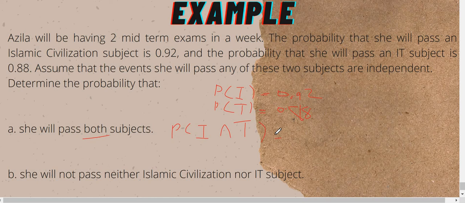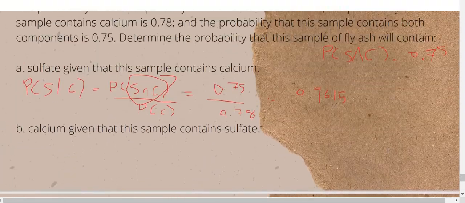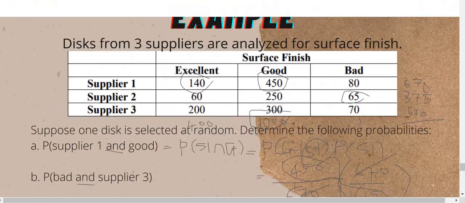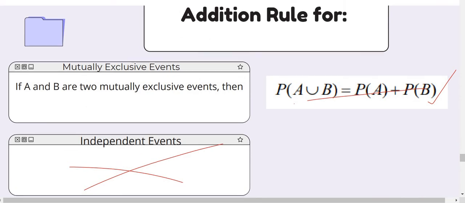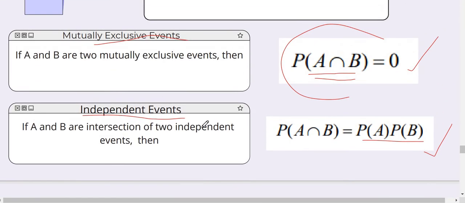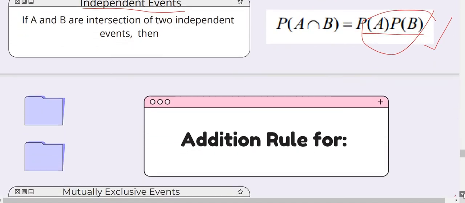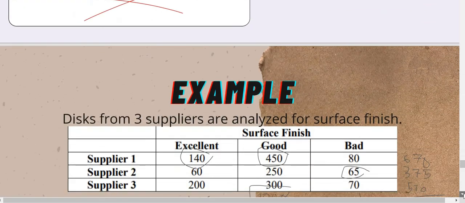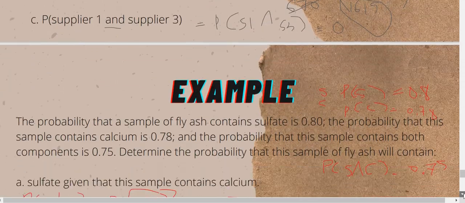And it says that it's independent, class. So now if you refer back to the formula, the equation here, where it's independent, it will give you P(A) multiply with P(B). That's it, there is no conditional probability or anything else.